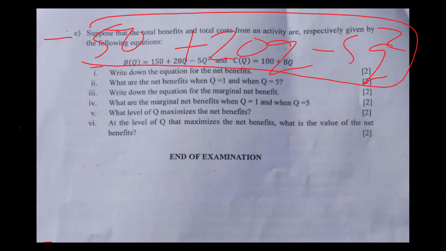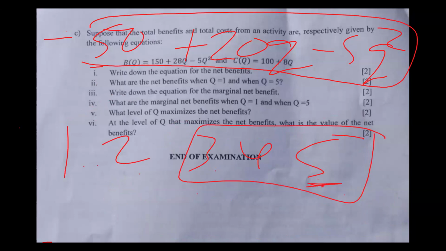What's the value of output? Because it's 1, 5, you've seen. At 5, you are trying out from 1, 2, 3, 4, 5. These are negatives, you understand? This is even negative. So this one again is low. So 2 is even better when you substitute into the net benefit. The net benefit function is this one.